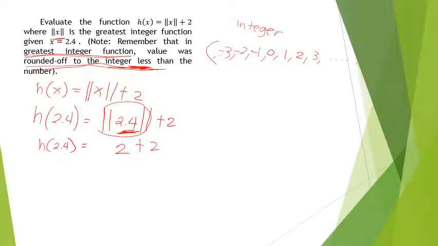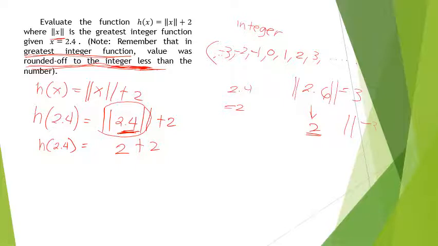Yung pinakamalapit na maliit na integer sa 2.4 ay 2. Paano naman kung maging 2.6? Hindi mo siya gagawin 3, syempre. Ang sabi dito lagi mo daw i-round to the integer less. Ibig sabihin, kapag may nakita kang ganon na symbol, greatest integer function, laging less, magiging 2 lang lagi yan. Hindi mo siya i-rounded up, hindi siya magiging 3. Dapat 2 lang lagi.